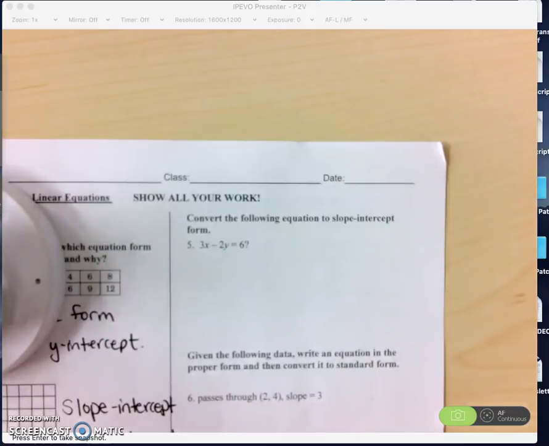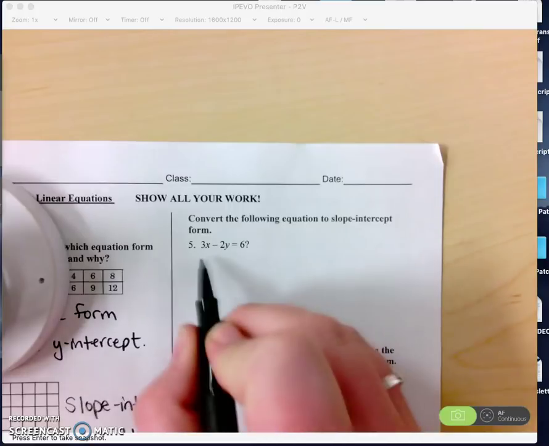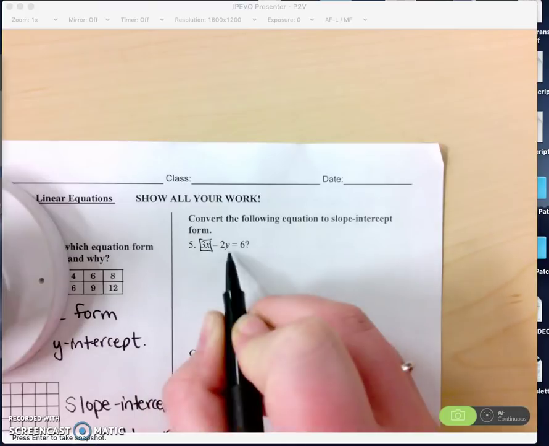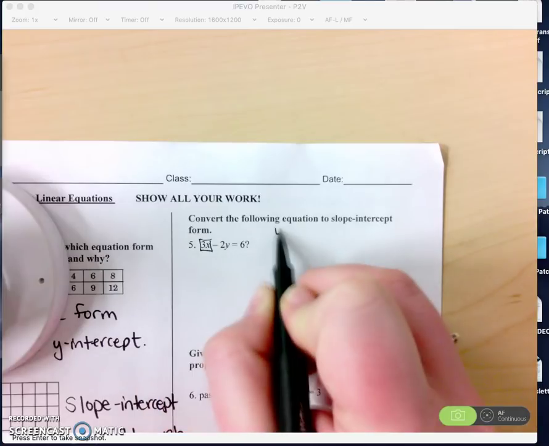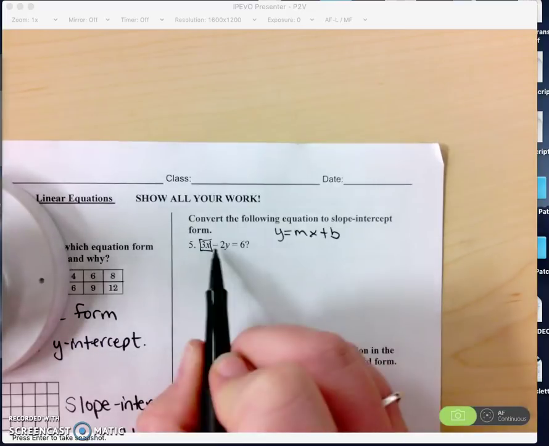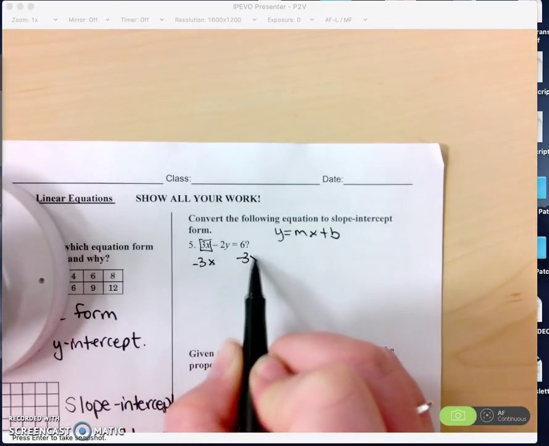Well, I have it written in standard form, and I have to convert it. So the first thing I want to do is get rid of my 3x on this side, because slope-intercept form is going to be y equals mx plus b. So minus 3x from both sides.